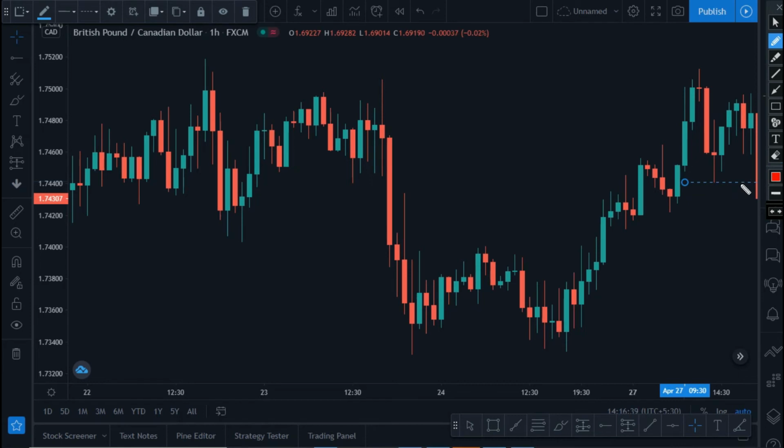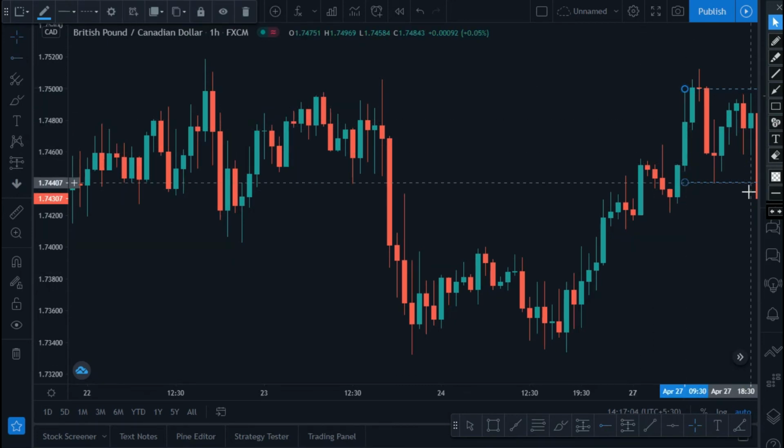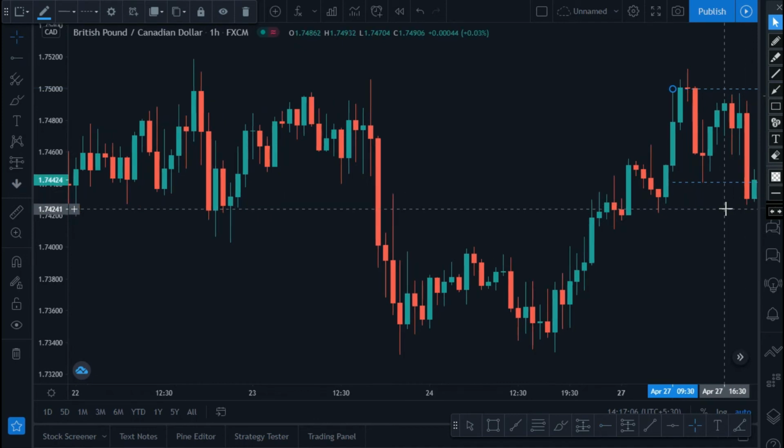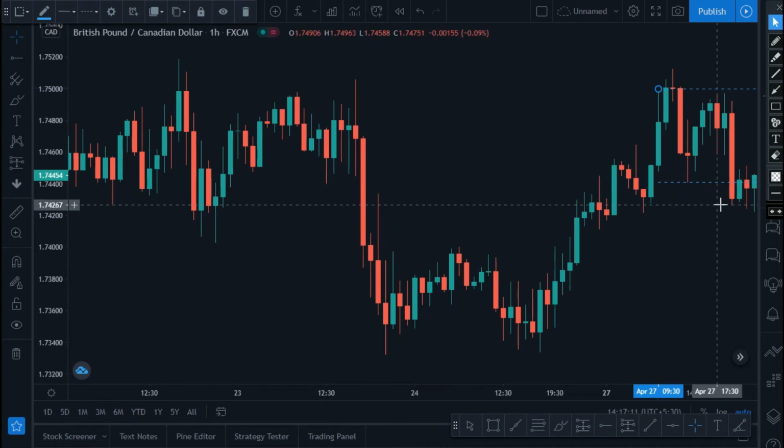My assumption is I will place my sell order at this area, because this area has been broken out by this bearish candle. You noticed? So I will place my sell order, and my stop loss would be at least this area in order to get this much profit. The price touched this area, and you see my take profit is done.